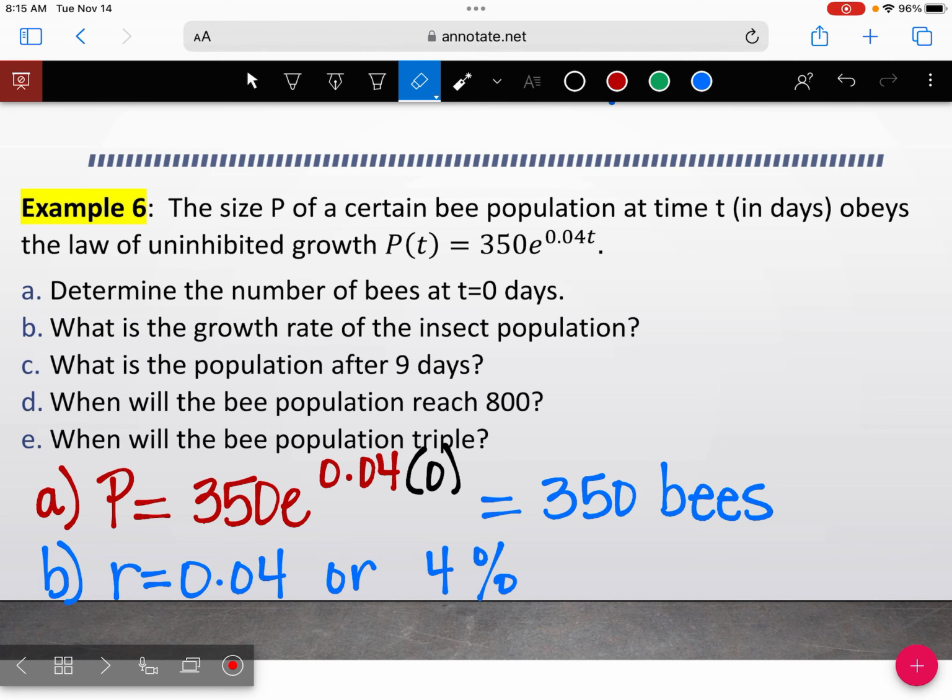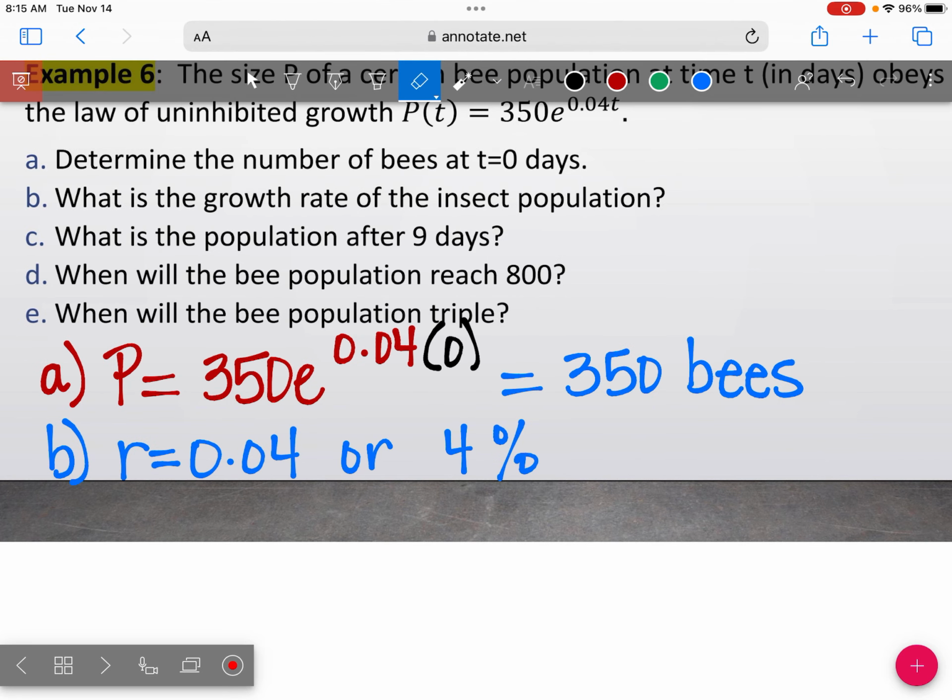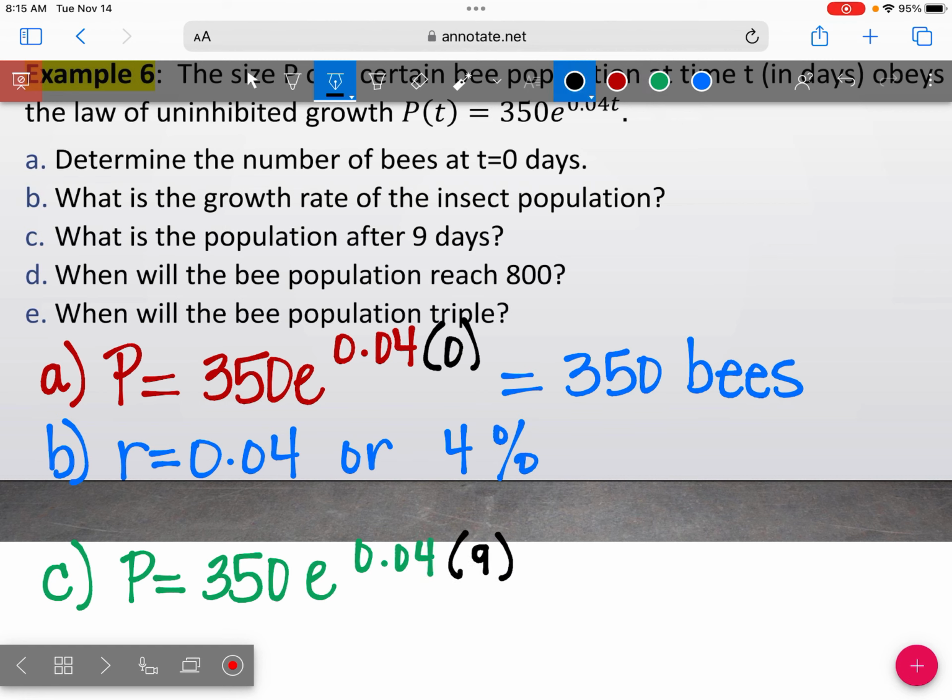Go ahead and do part C. For part C, we know that t equals 9. So for that one, we do need to use a calculator. So it's e to the power of 0.04 times 9. Now, you're talking about bees. So whatever answer you get, you should round it because you can't have half of a bee.